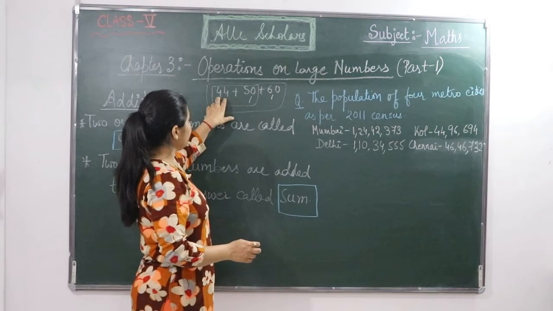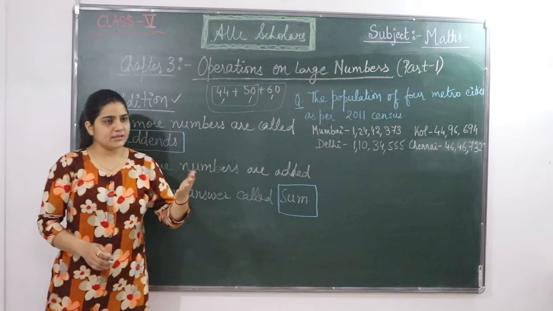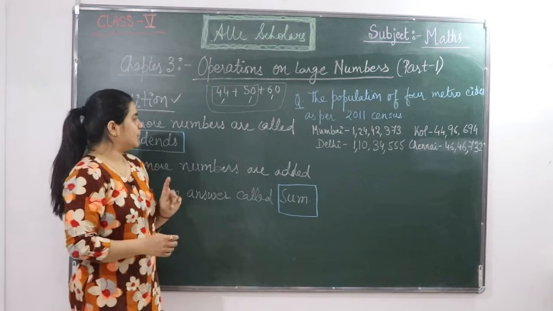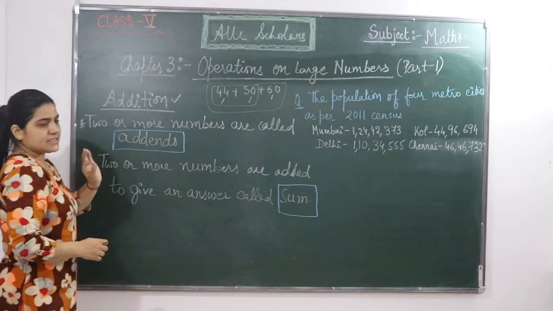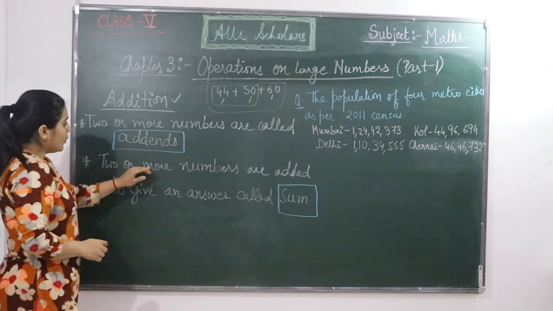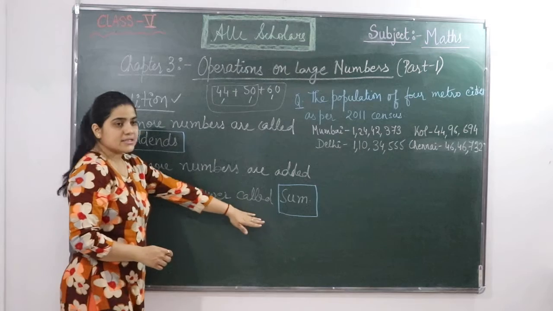Here I have taken numbers of two digits only. These numbers can be of 4 digits, 5 digits, 6 digits, 7 digits, any number it can be. So these are basically called addends. Two or more numbers are added to give an answer called the sum.